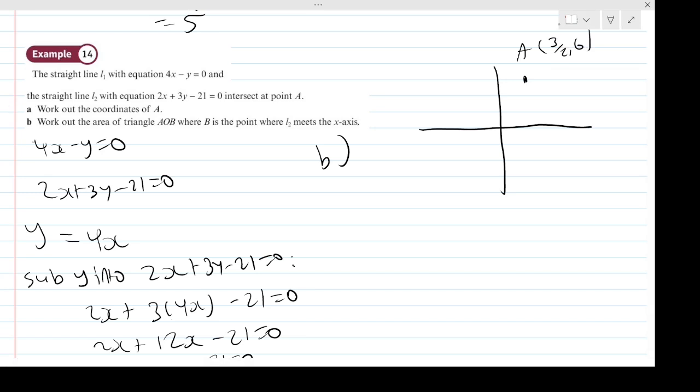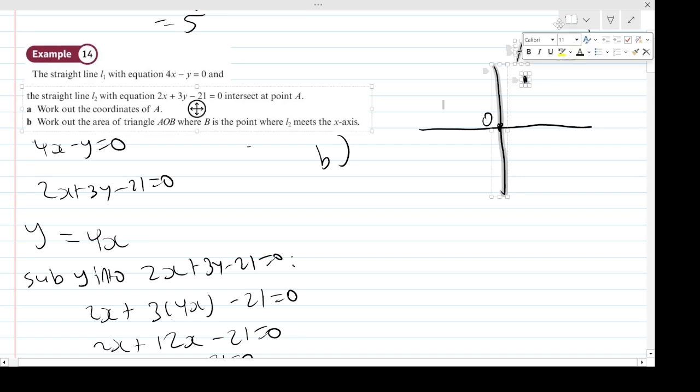Then O is the origin, so that would be there at O. O will usually always be the origin if you see an O. And B, well, where'd B be? Actually, it doesn't say exactly what it is, but it does say that B is the point where L2 meets the x-axis. Okay, so we need to work that out.